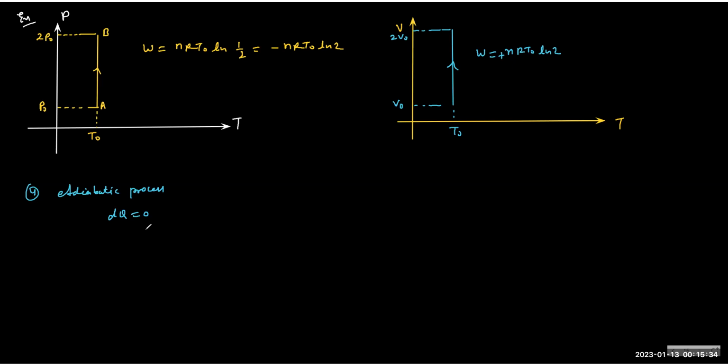So dQ is 0, and from the first law we know dQ equals dU plus PdV. And dU is nR dT by gamma minus 1.